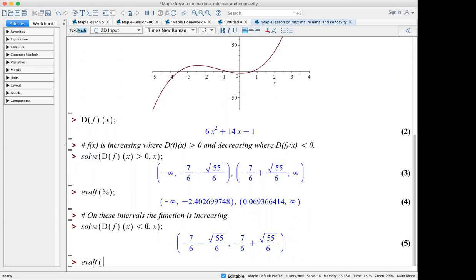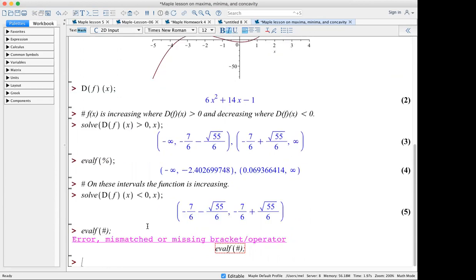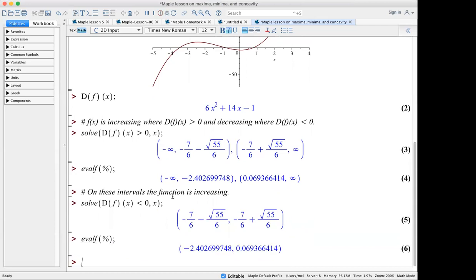And if we convert it to a decimal, we get this interval here. So on this interval, the function is decreasing.